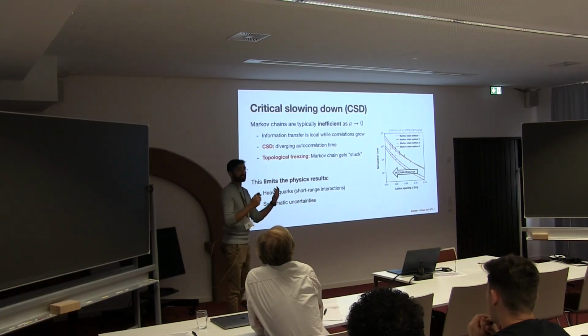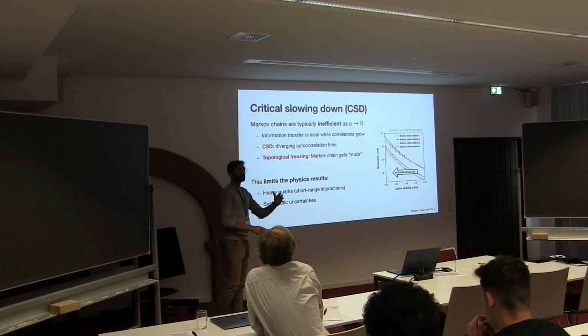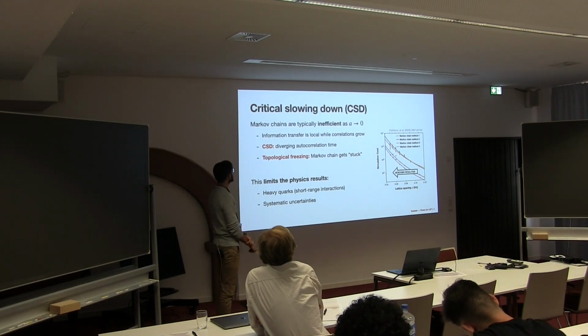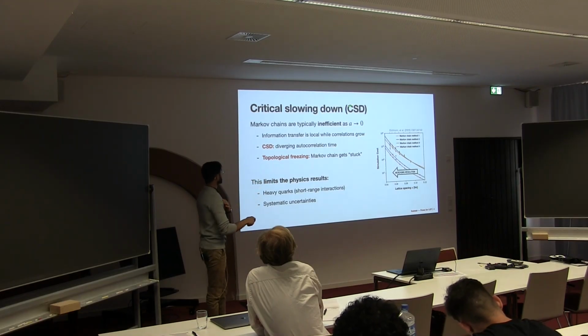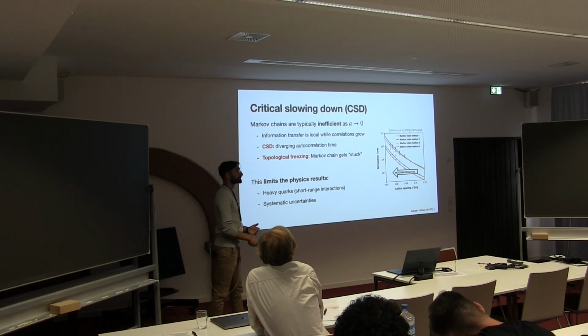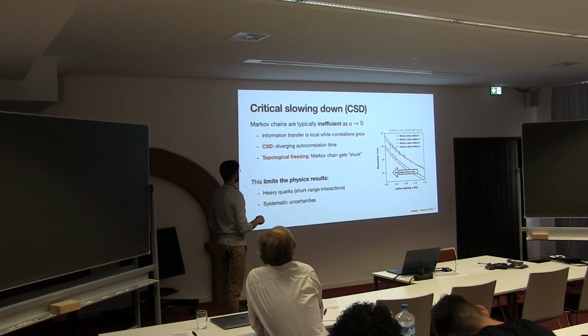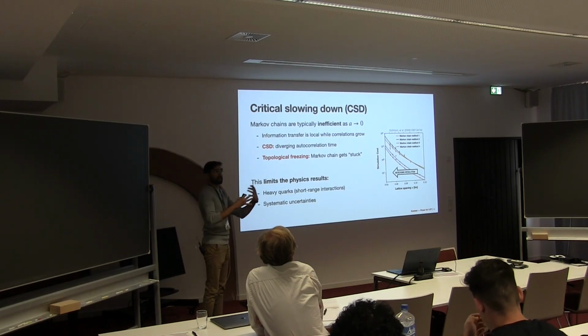Now, the main problem, so that's kind of the fundamental scale of the problem. And the main problem is that not only do we have this large computational cost to manipulating these gauge field configurations, but the Markov chains themselves become inefficient as I go to the continuum limit, as I take the lattice spacing smaller and smaller. And this issue goes by the name critical slowing down, which can be sort of qualitatively summarized as this problem in traditional Markov chains involving some kind of local updating to the field.